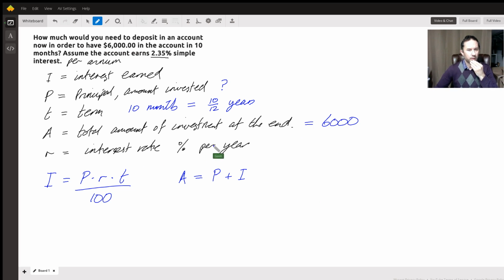Interest rate, we've got that per year, 2.35, and that's percent. We divide this by 100, so it'll effectively be a percentage.